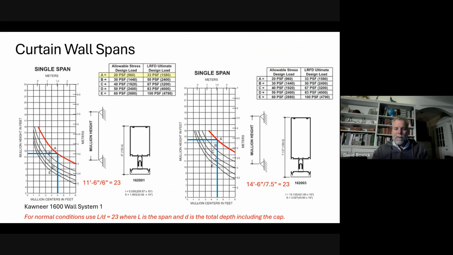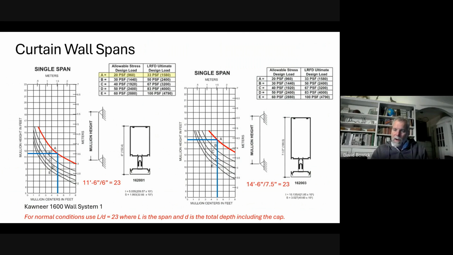So let's look at a rule of thumb for that. 11 foot 6 divided by 6 inches, 23. So the rule of thumb that we might infer is L over 23 for a curtain wall system in a low-rise building. Let's move over to the right here. Again, we have 5 feet on center, 20 pounds a square foot.